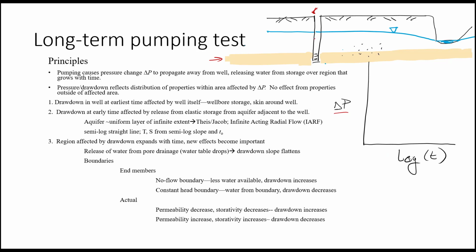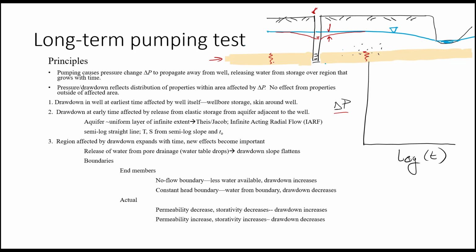So when we first start pumping, we're going to get a bit of drawdown in the well, and that'll cause some drawdown here, and the piezometric surface will drop, and that will propagate away from the well. So right now we've affected, say, this much of the aquifer. We've dropped the pressure, and we've released water from storage as a result of that.